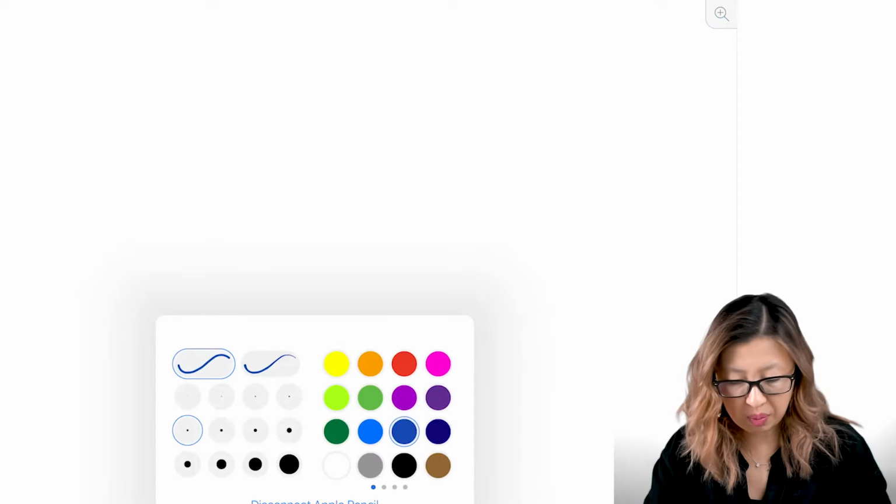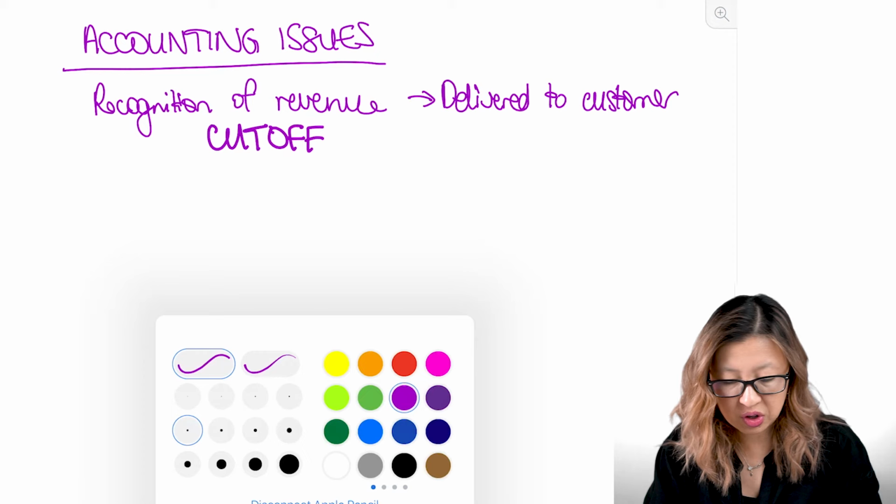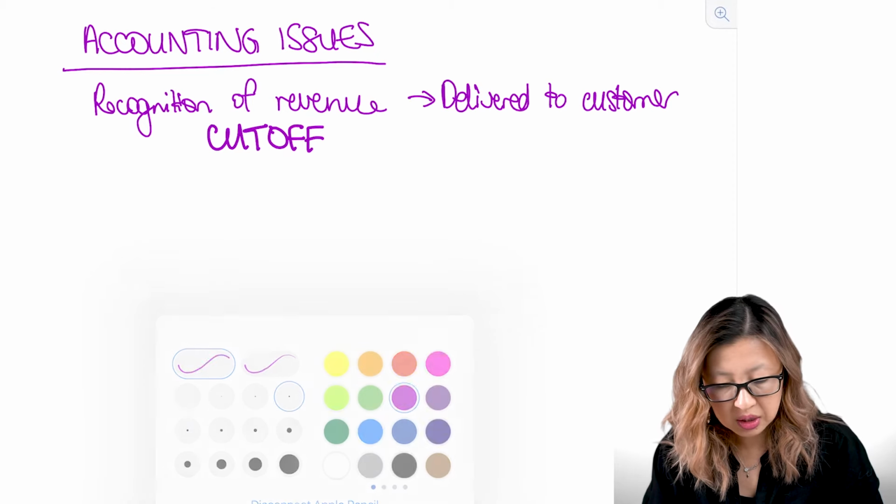But technically, they don't earn that revenue until the article has been delivered. So we know that we have an issue around the recognition of revenue, and in terms of assertions, that's going to affect our cutoff assertion, recognizing revenue in the correct period.